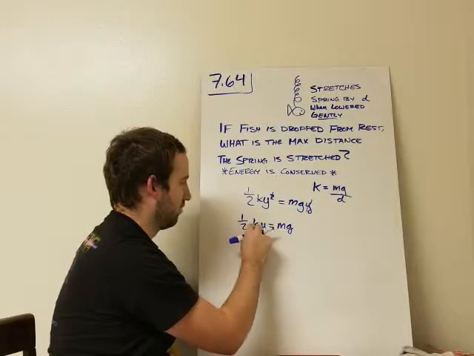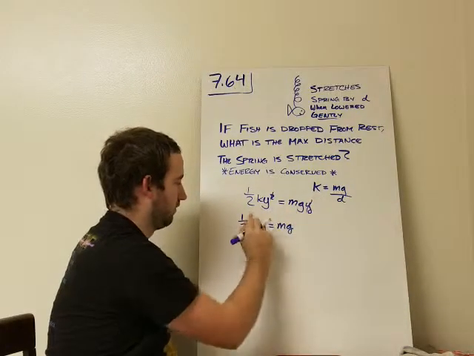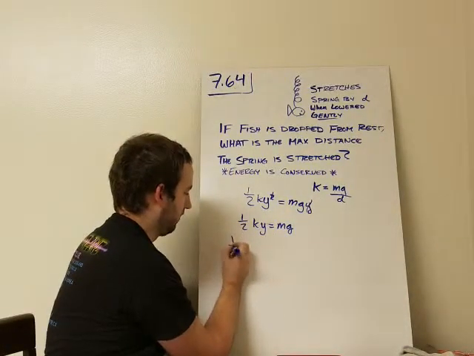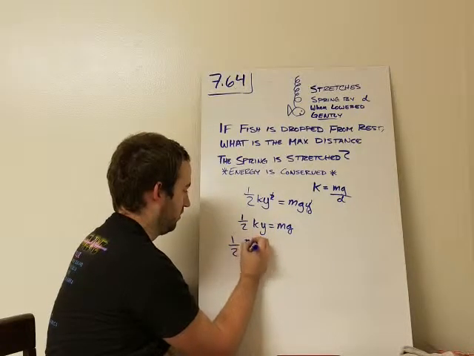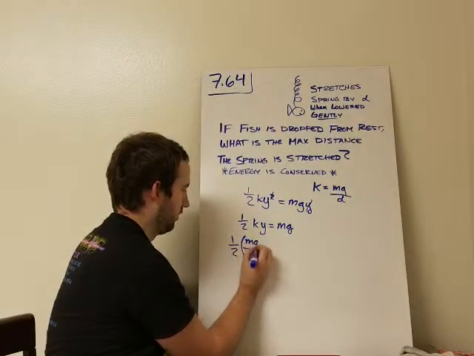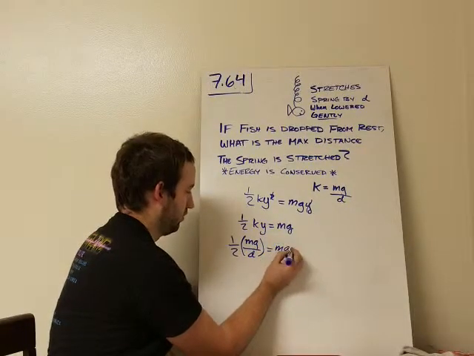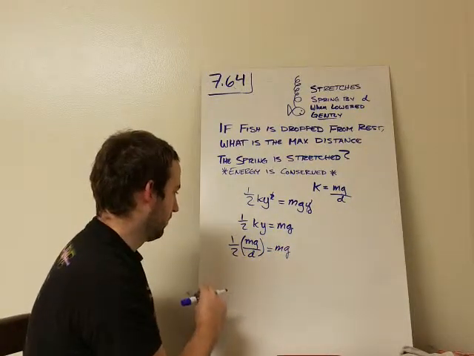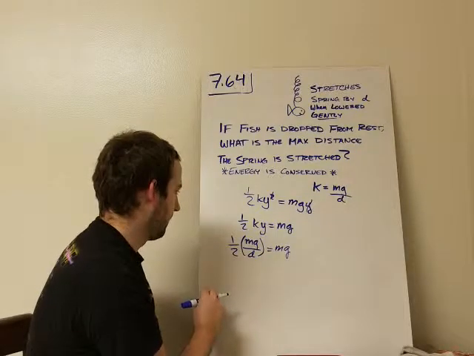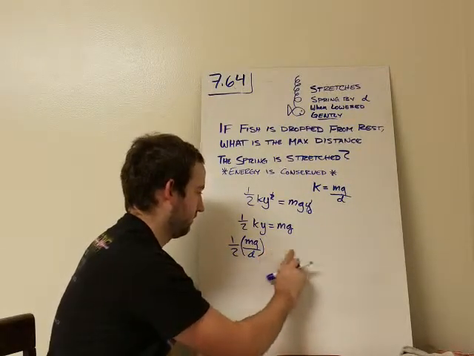Now, remember that we already solved for the spring constant using the mass, so we'll plug that in over here. We'll get 1/2 mg over d equals mg, times y.